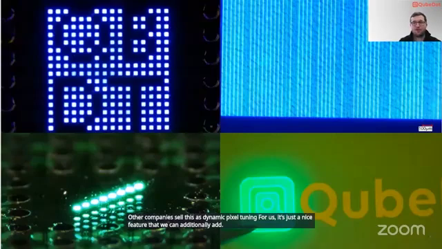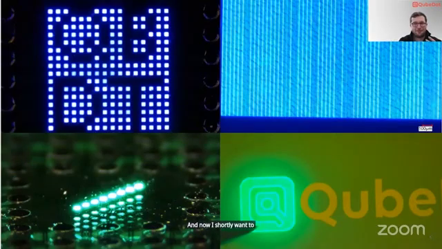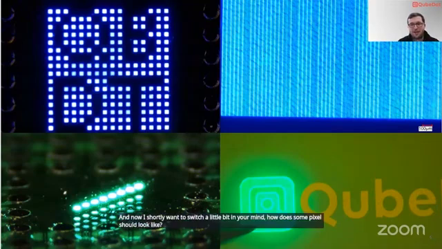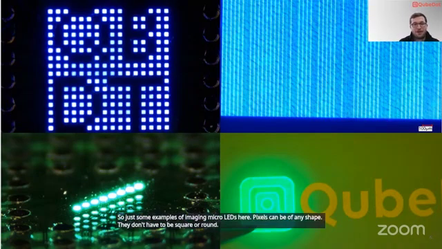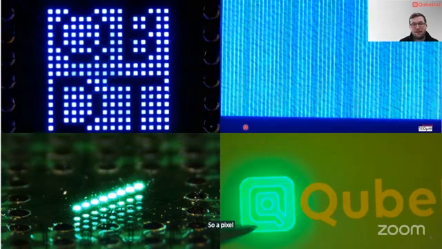Now I shortly want to switch a little bit in your mind: how should a pixel look like? Just some examples of emitting micro-LEDs here. Pixels can be of any shape. They don't have to be square or round. A pixel can also be a long line like we see here at the top right.